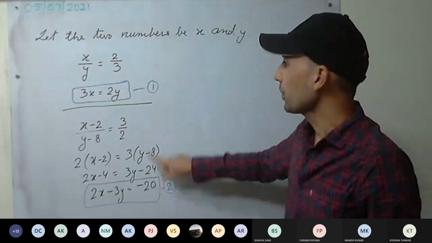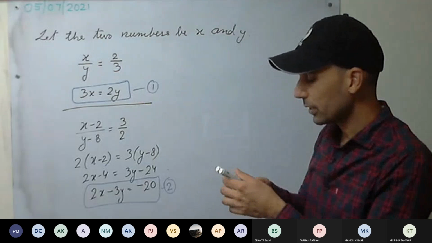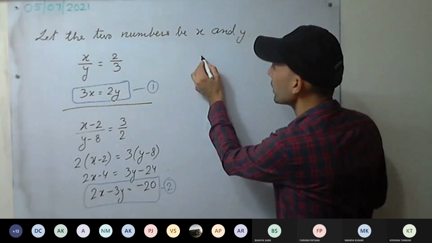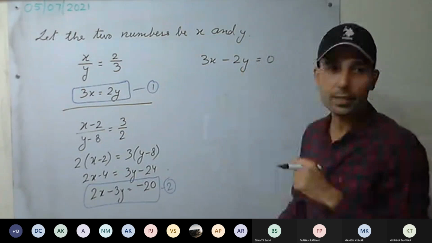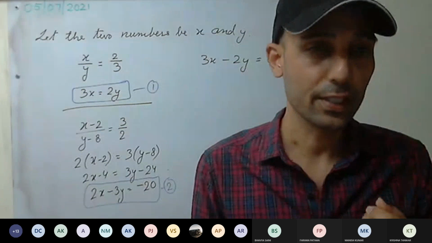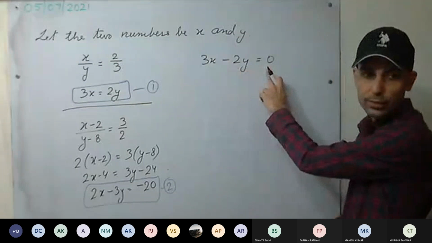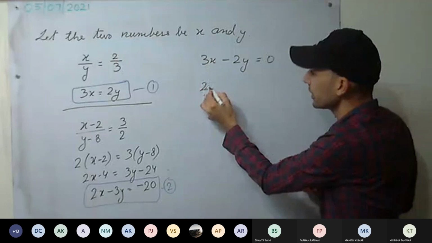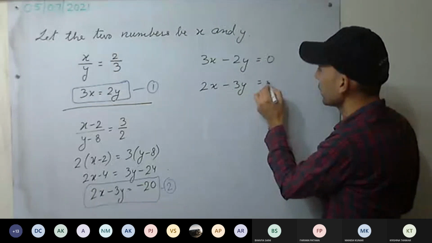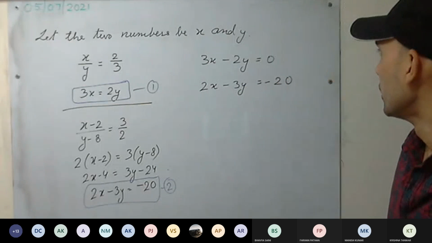I am using equating the quotients. So 3x minus 2y equal to 0, and 2x minus 3y equal to minus 20.